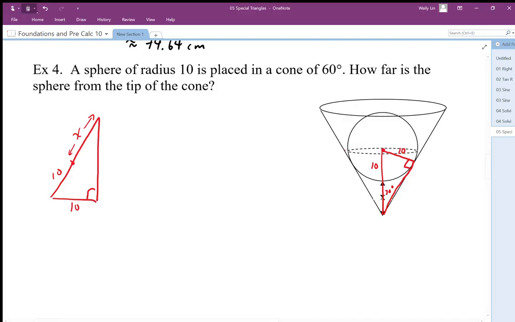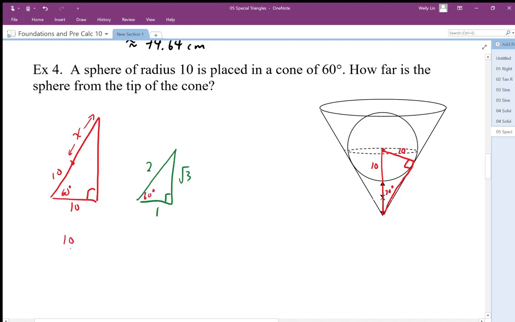So if I compare this to my known 30-60 triangle, it's 1, 2, root 3. And again, I make sure that my long side is my root 3 side. There's my long side. I can see that by setting up this ratio of my adjacent to 60 degrees. So this is my 60 degree in here.